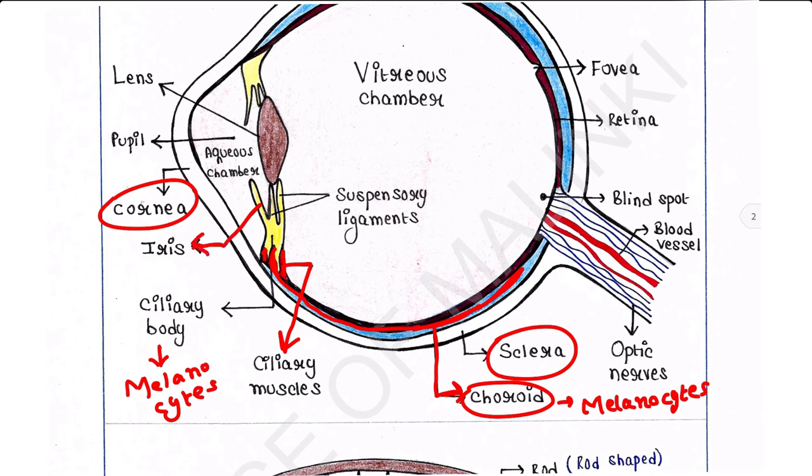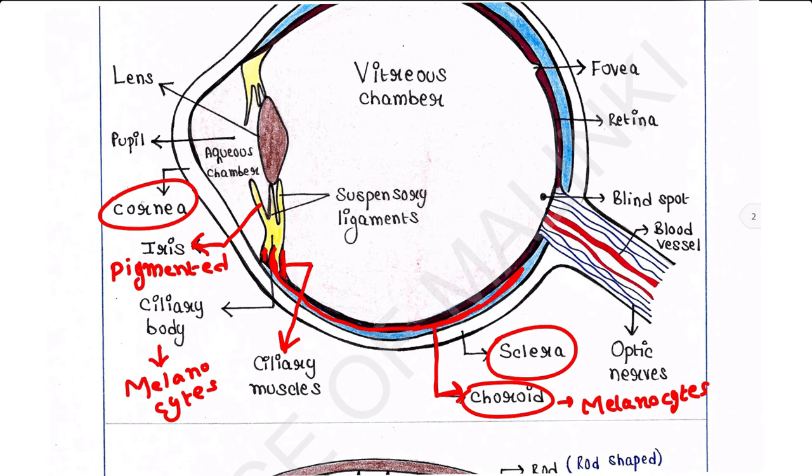Okay. So iris is a pigmented structure and is the colored portion of the eyeball.